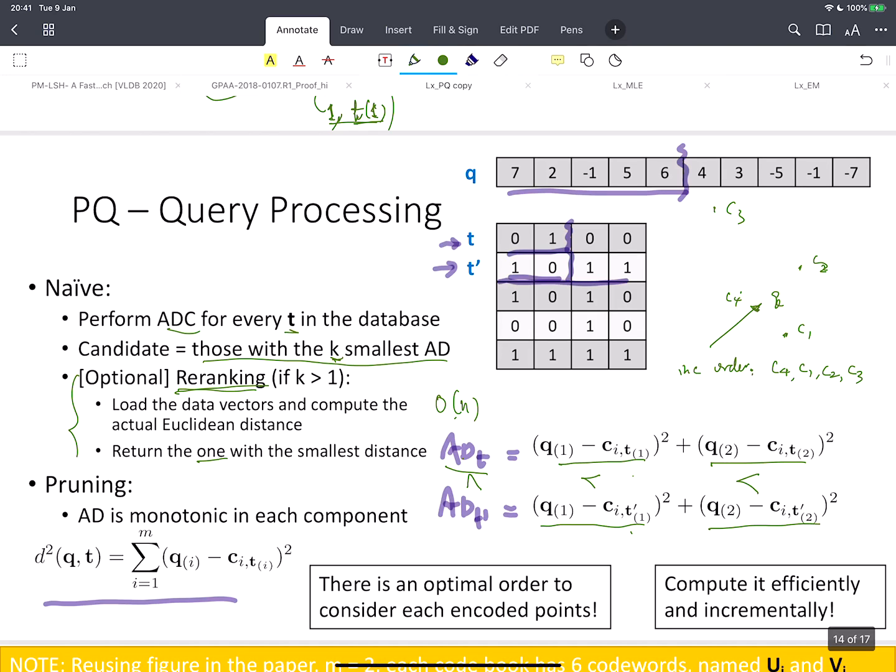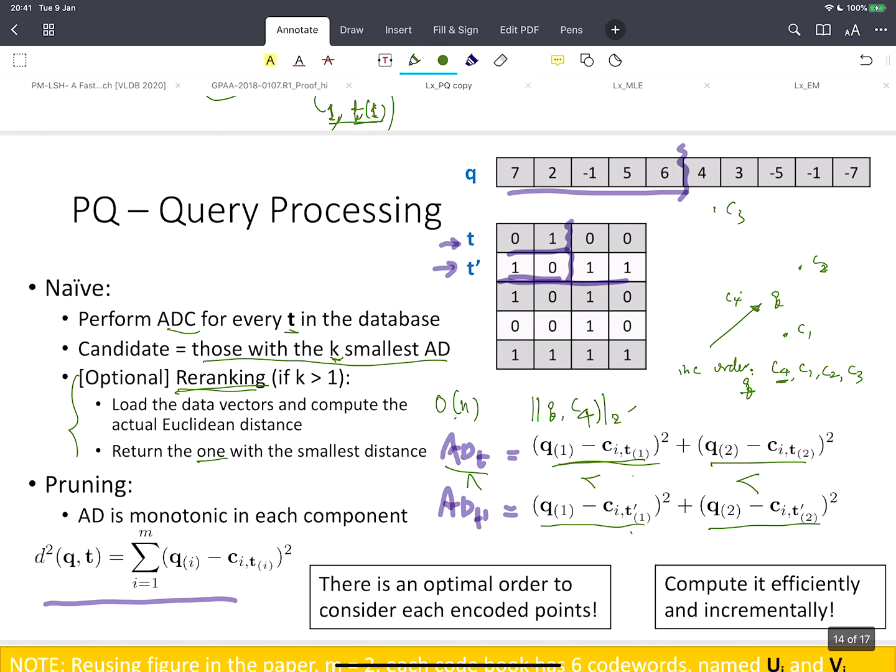Given a q, this is essentially the distance between q and the codeword c1. For example, if we forget about the double indexing, it's easier.